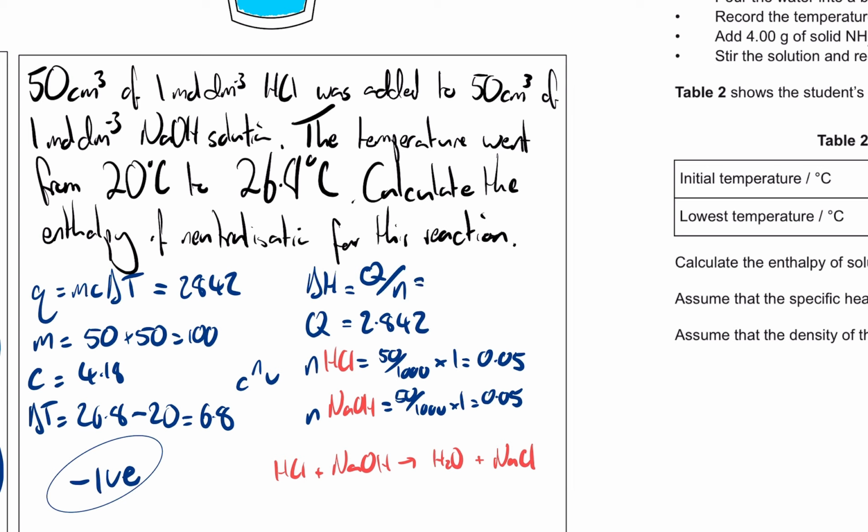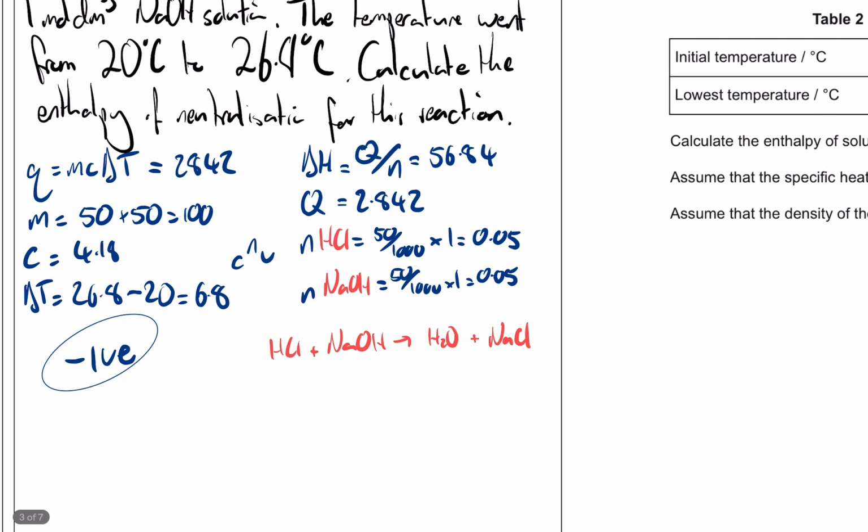So I've got my 2.842 divided by 0.05. And there I get to 56.84. But remember, temperature went up, therefore it's an exothermic reaction. So I've got minus 56.84 kilojoules per mole.